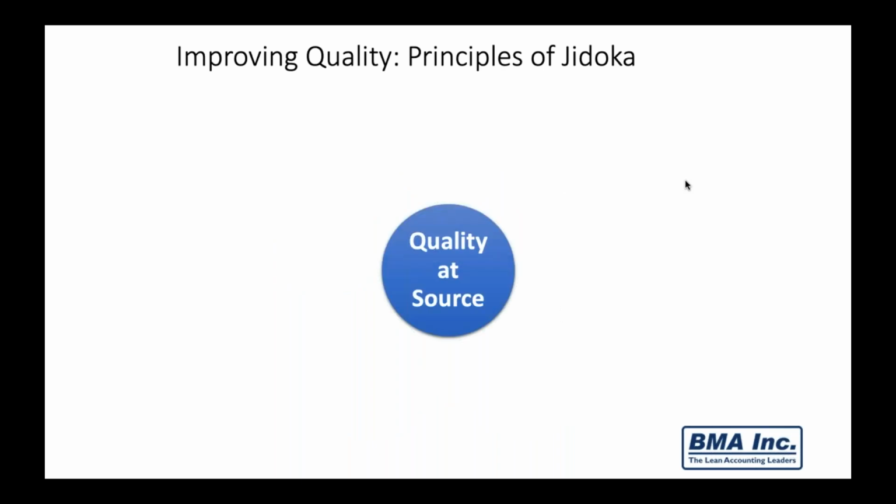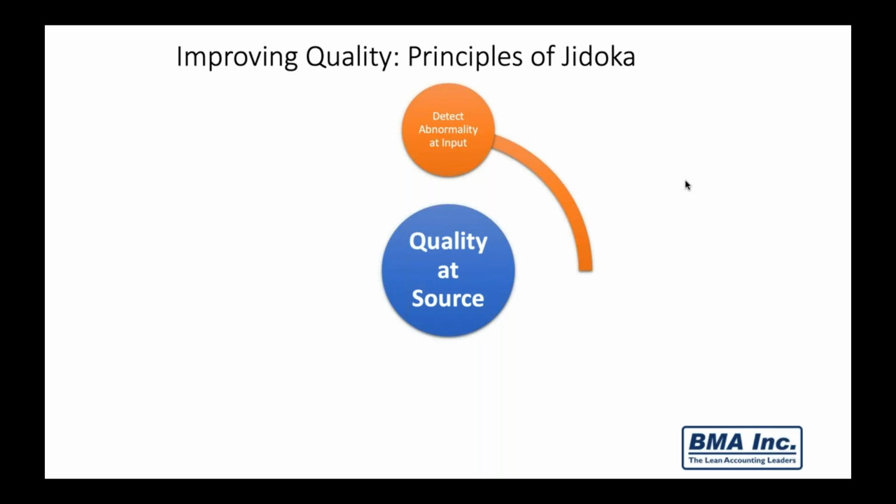to determine what solutions, what improvements are good. The idea of Jidoka is to stop and fix. Another definition of it is to mistake-proof the process. Another way that I look at it is quality at the source. So quality at the source means we want to detect the abnormality.